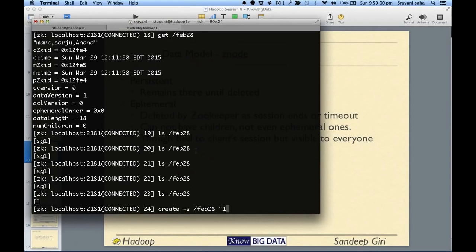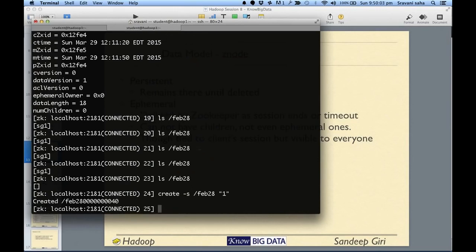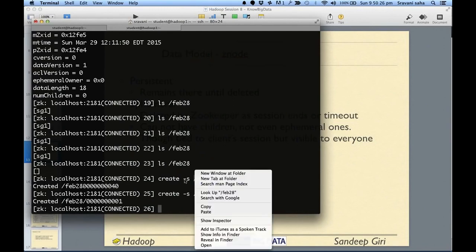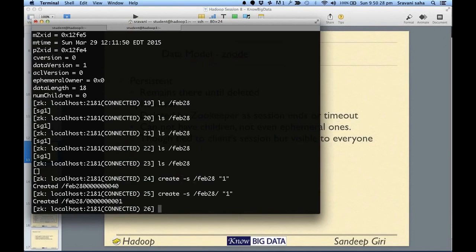If we say /fab28/ as a prefix, it automatically created fab28 with 0000000040 in the parent, because 40 is the running count for the sequential nodes.